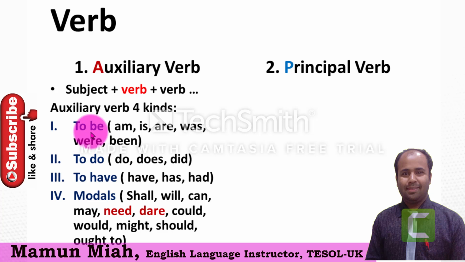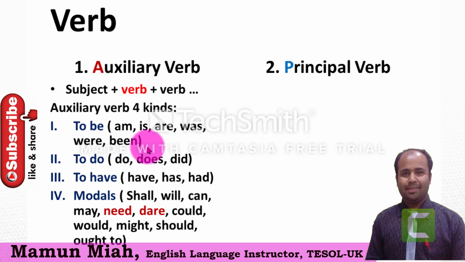My dear student, you have confusion why I wrote "to" before each of the words. To be, to do, to have. Because to be, that means be has several forms. In the same way, do has several forms. For example, to be: am, is, are, was, were, been.